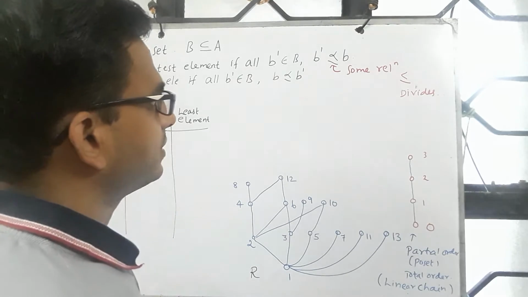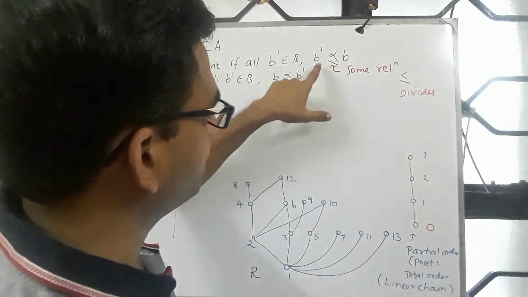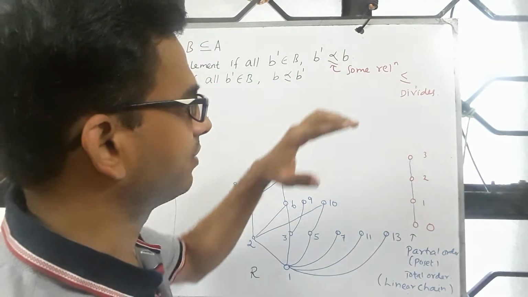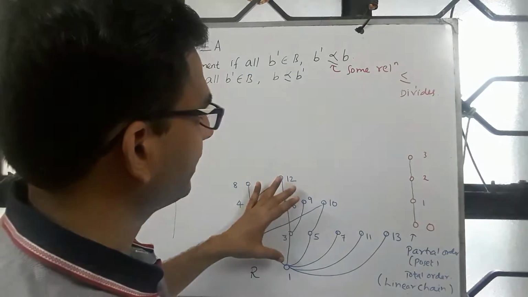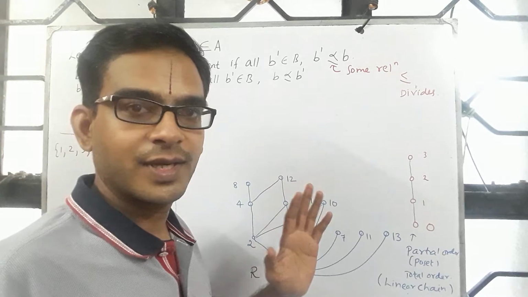So with respect to the relation, if you see, for all b prime, b prime is related to b. So in some sense, if b prime is related to b, then you see that there is an arc from b prime to b, which means in the underlying Hasse diagram, b is above, b prime is below. Correct?